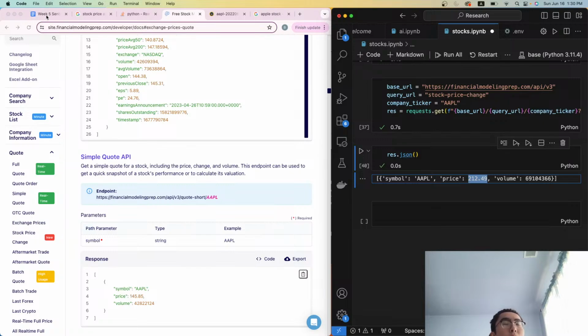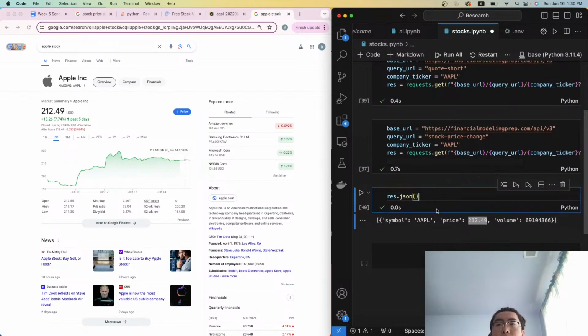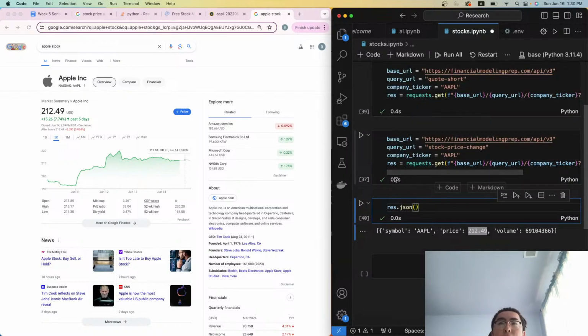12.49, which is a little bit less than. Oh no, it is 12.44. Maybe it's a few basis points off. So res 1, res 2.